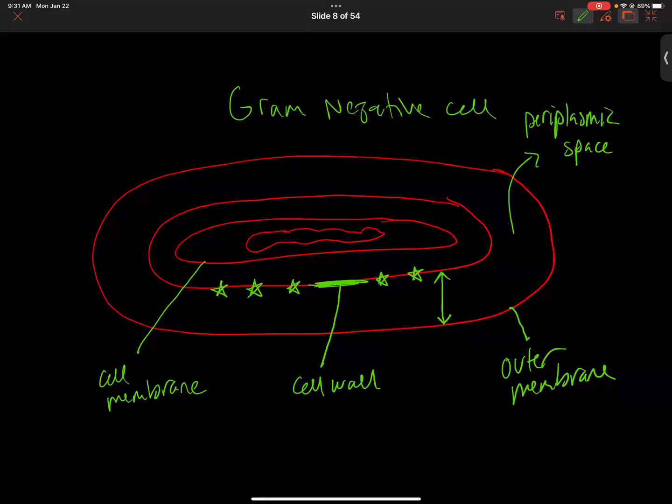Water-soluble substances are going to bounce off. I don't know what you know about beta-lactams just yet, but I'll tell you right now, beta-lactam antibiotics are water-soluble substances. That creates a problem, doesn't it? The target of the beta-lactam is the star, but the stars are surrounded by this outer membrane shield. How do these water-soluble substances, the beta-lactams, get to their target?